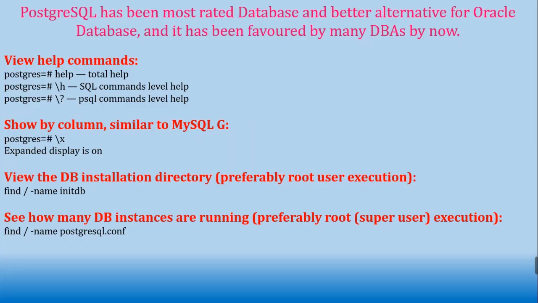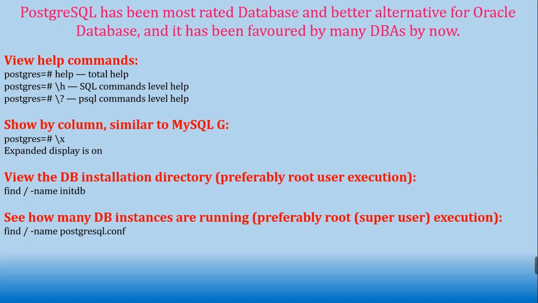As you know, PostgreSQL is the most rated database as of now and a better alternative for the Oracle database, and it has been favored by many DBAs. Now the PostgreSQL DB has started being widely used in all technologies and all environments, and all companies have started using it.